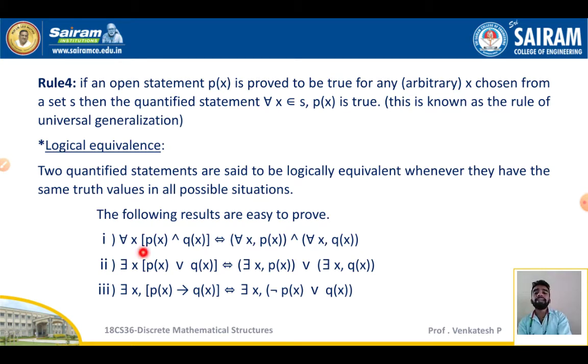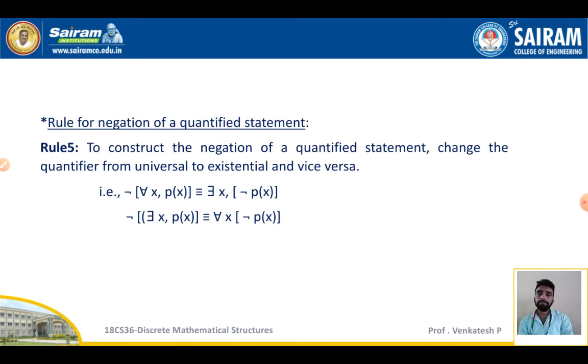Second one: there exists x, p of x or q of x is equivalent to there exists x p of x or there exists x q of x. Third one: there exists x, if p of x then q of x is equivalent to there exists x, negation p of x or q of x. These three are some logically equivalent statements in terms of quantifiers.